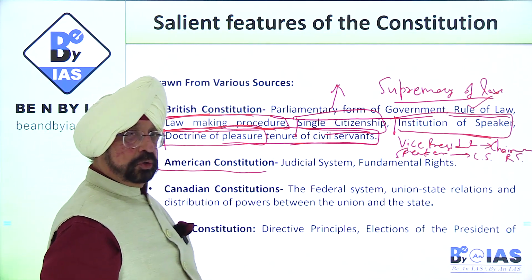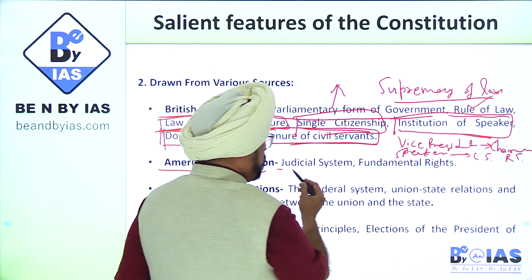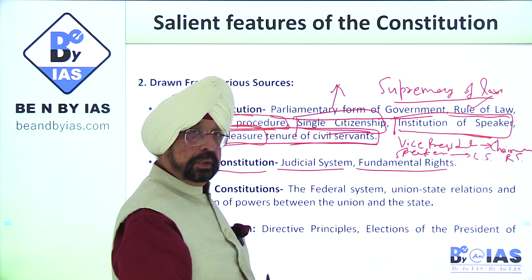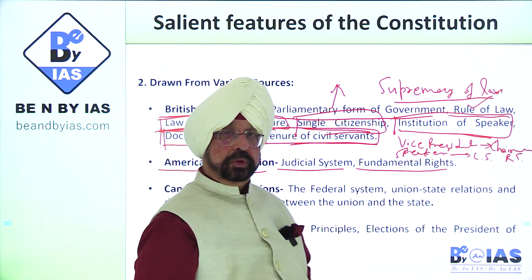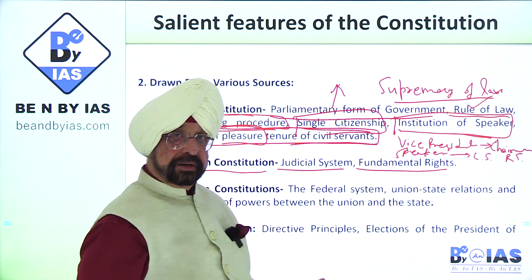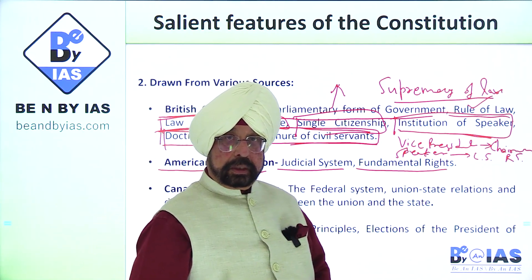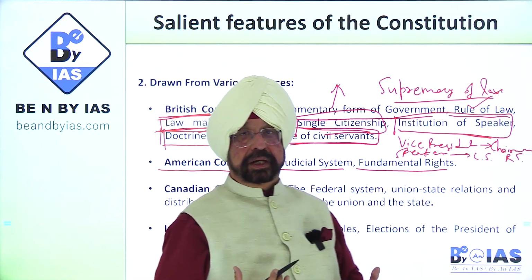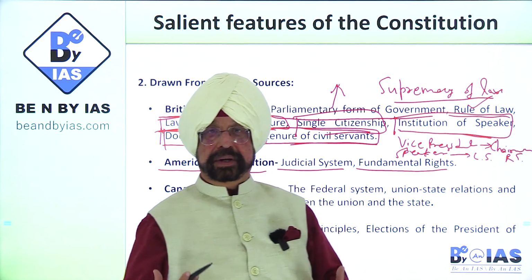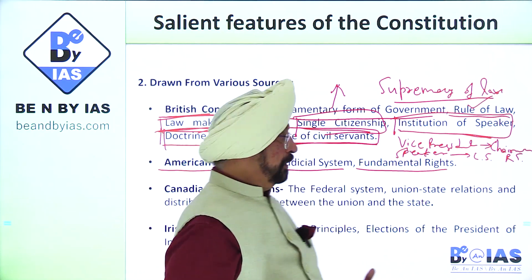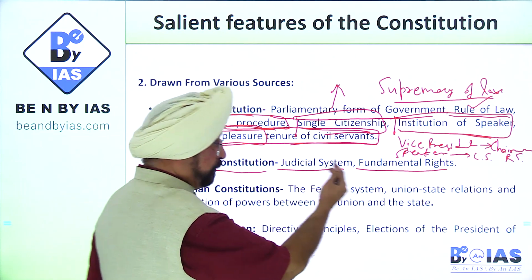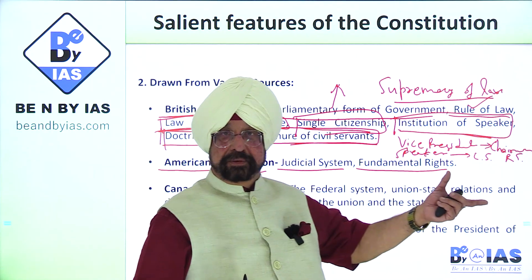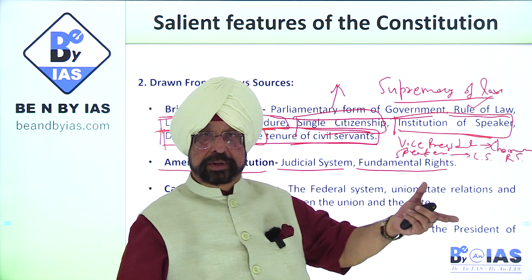From the American Constitution, we have adopted the judicial system and the fundamental rights. Very important parts, both of them. Fundamental rights are our basic rights, which a human being must have in a free, independent, sovereign nation. At judicial system we will study, but more or less we have a federal court that is called Supreme Court of India.